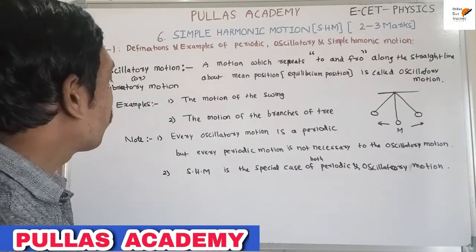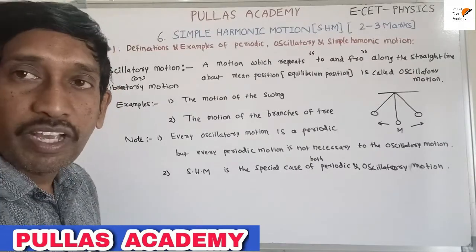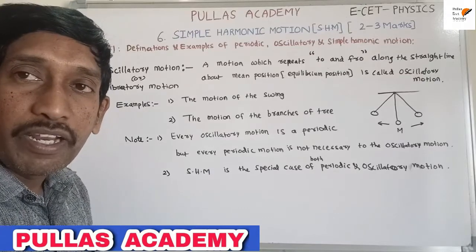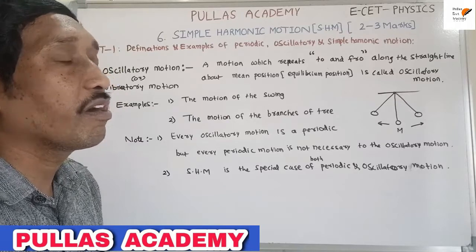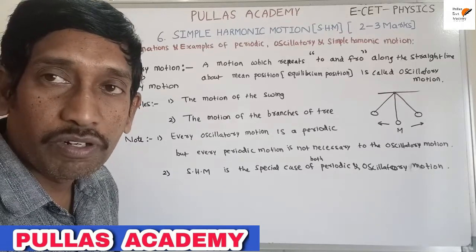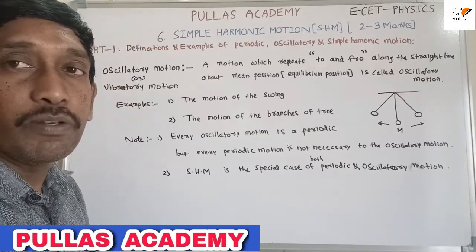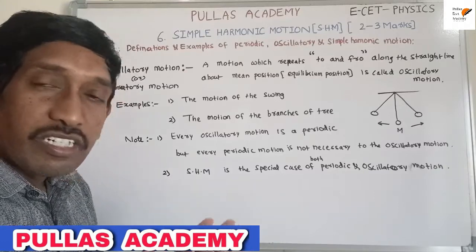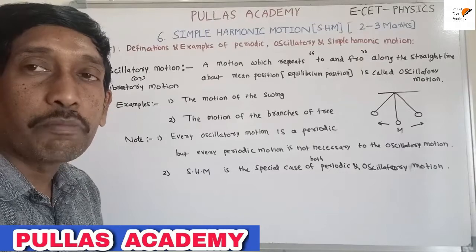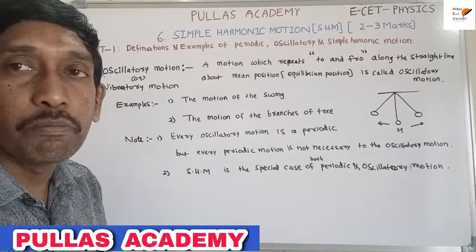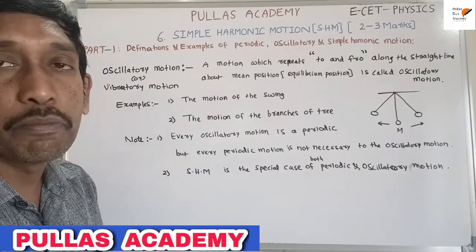So this is about oscillatory motion. Every oscillatory motion is periodic, but every periodic motion is not necessarily oscillatory. In oscillatory motion, it also repeats to and fro along a straight line about a fixed point, a mean position or equilibrium position.